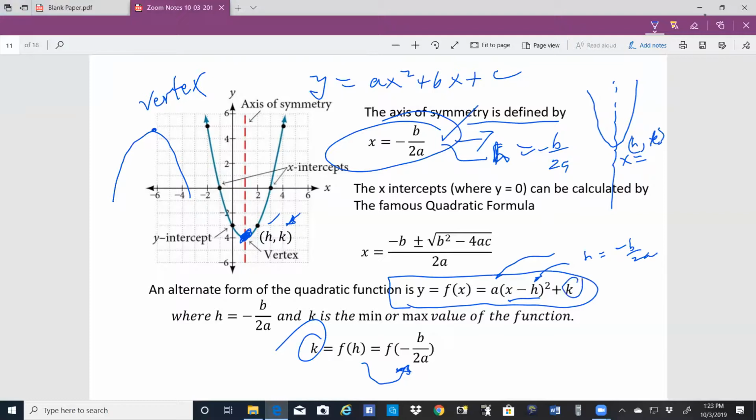And k happens to be the y value of the vertex. So all you need to do to find the vertex is to calculate minus b over 2a, plug that x into the function, and that gives you k. And so now you have that. Now I made sort of a mess here.